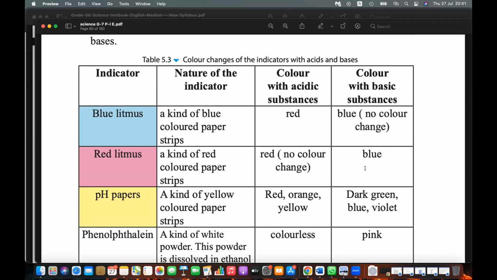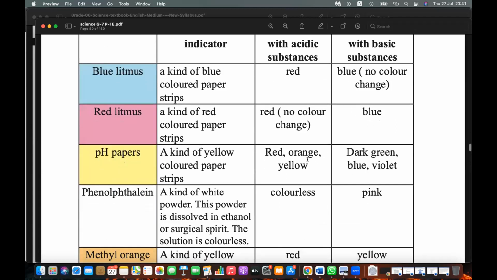If it is base, red will be blue. If it is acid, blue will be red. And pH papers show red, orange, and yellow colors based on the level of acidity, then dark green, blue, and violet based on the level of base.